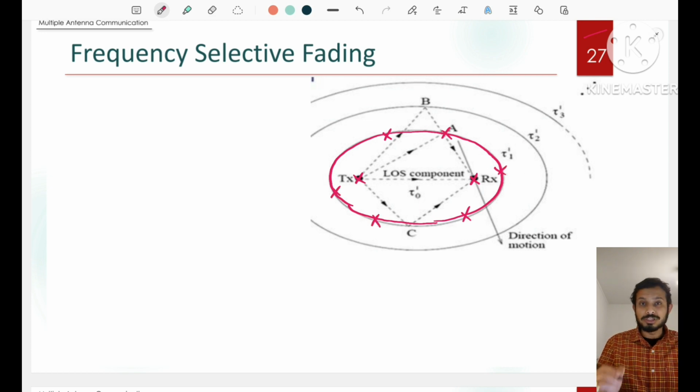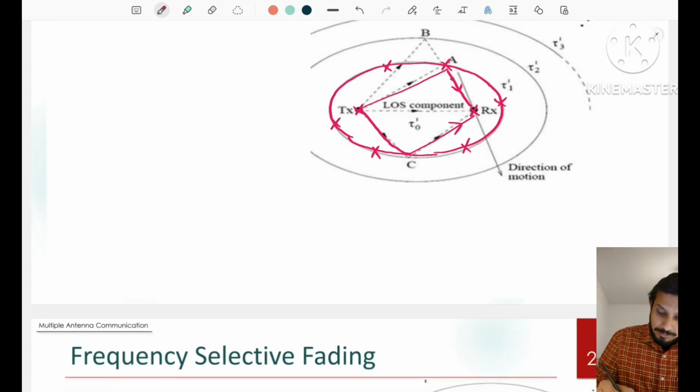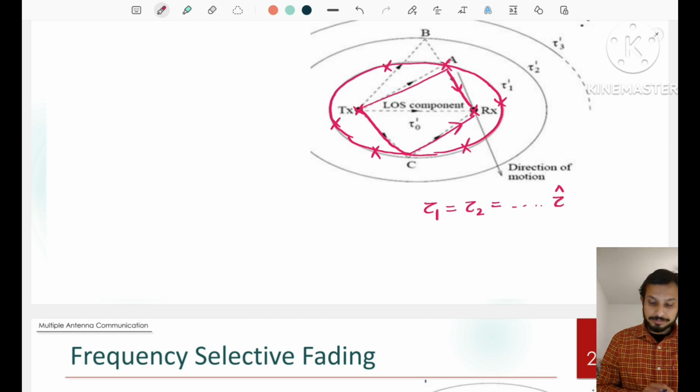As a result, all the rays that are arriving at the receiver have the same propagation delay. That means tau 1, the propagation delay of the first path, is equal to the propagation delay of the second path, is equal to some constant propagation delay tau hat.